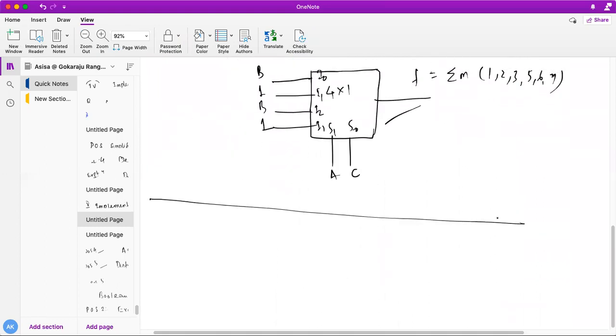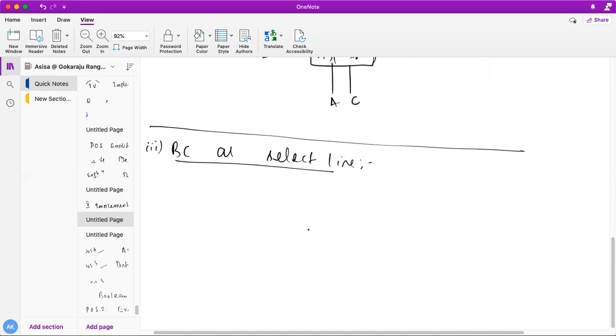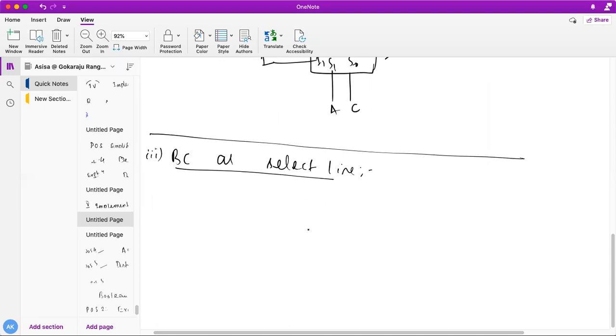Let's say I'm going to implement the same question with BC as select line. So at that time, you know that our select line is getting changed over here. Okay. So obviously, as my select line gets changed, my mux implementation table is going to change. So how does my mux implementation table look?